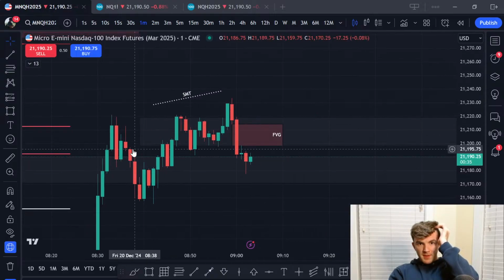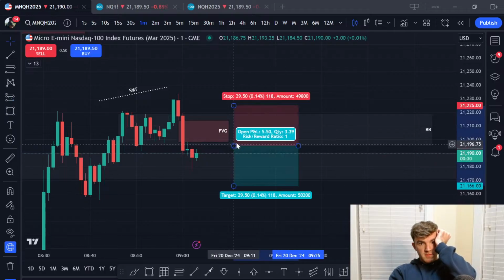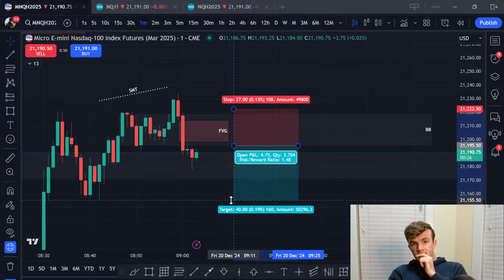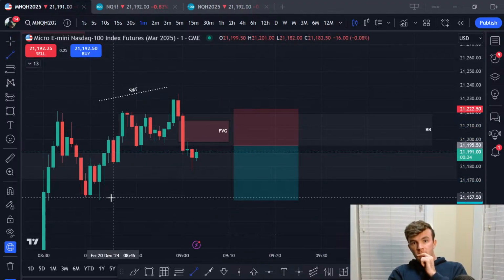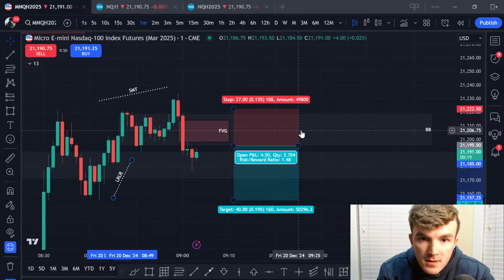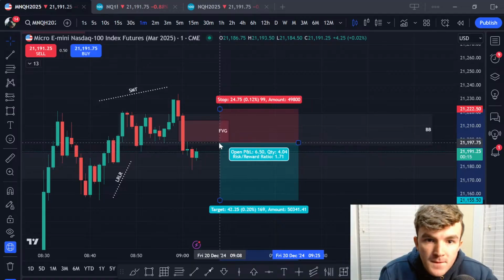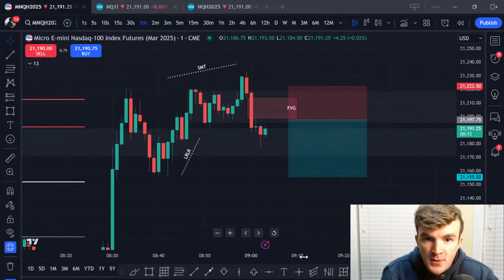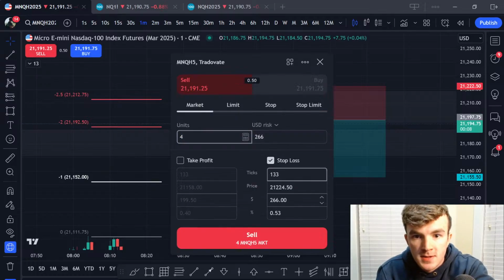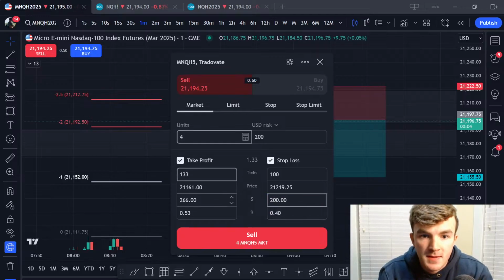Okay, here's that breaker block. Good liquidity. Okay, if we hit this, I'm gonna enter with 4 contracts. Stop loss 200. We got SMT. We're still in the macro.